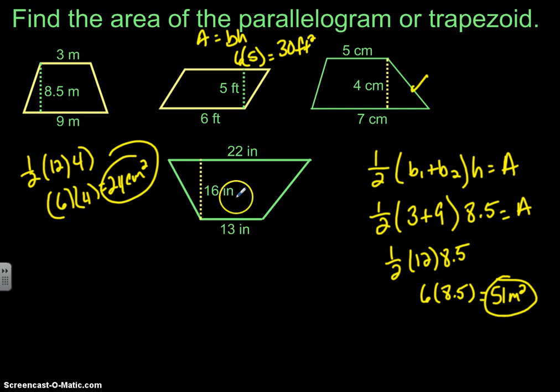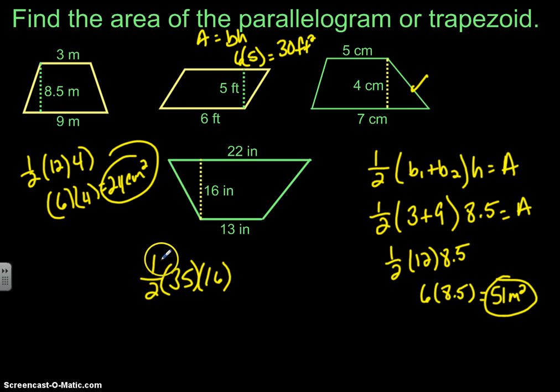Next one. 1/2 base 1 plus base 2 times the height, so it's 1/2. Base 1, it doesn't matter which one's base 1 and which one's base 2, you're adding them. So 22 plus 13 is 35. 1/2 that times the height. Now, I don't want to mess with 1/2 of this because it'll be a decimal. So can I take 1/2 of this and get a whole number?